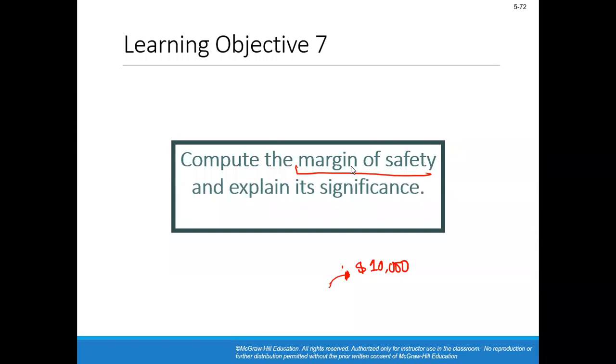But other than the profit, do you have any other reason? To capture more market share. Good. Any other?